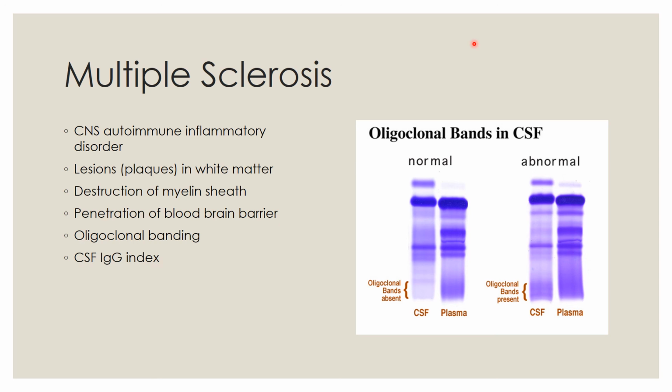EBV has been implicated with multiple sclerosis. There are 4 times more antibodies to EBV in MS patients than in other patients. But there are other viruses that have also been implicated a lot. They've looked into measles and herpes simplex and varicella.